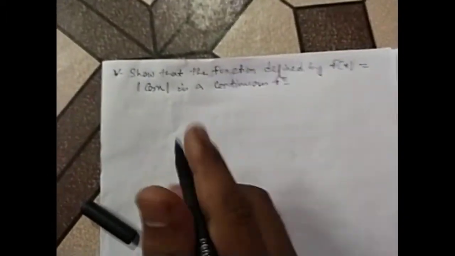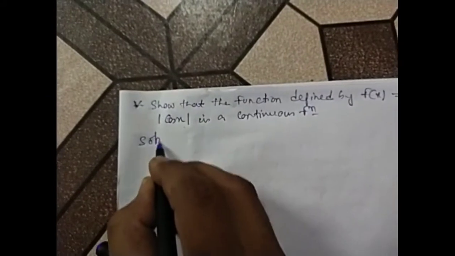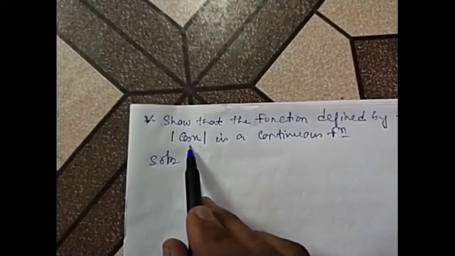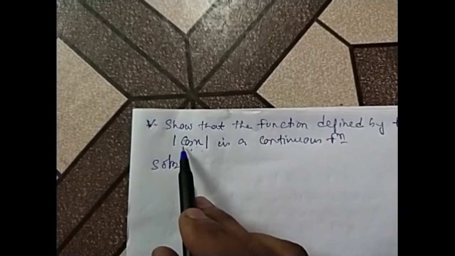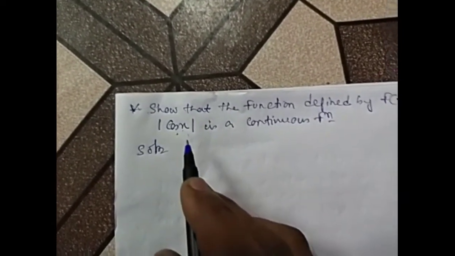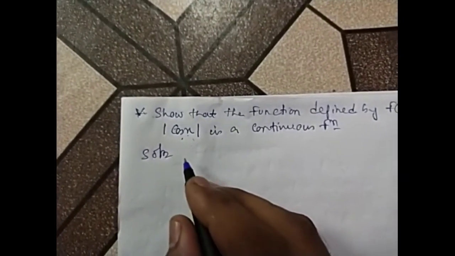Okay, so let's proceed now. Similarly, this is also a composition of two functions. One is cos x and one is modulus of x.